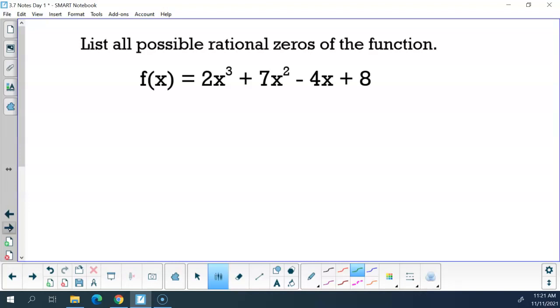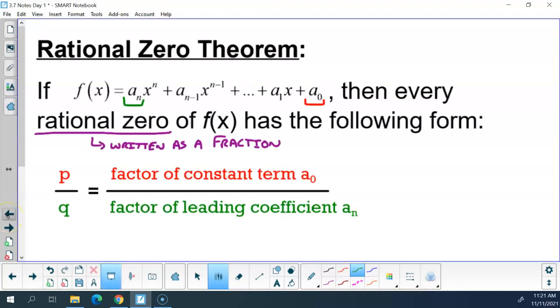The rational zero theorem narrows that infinite amount of possible zeros down to a group of 10 or 12 or 15 or 16 or 20 or something like that that we can then pluck from and try to find something.